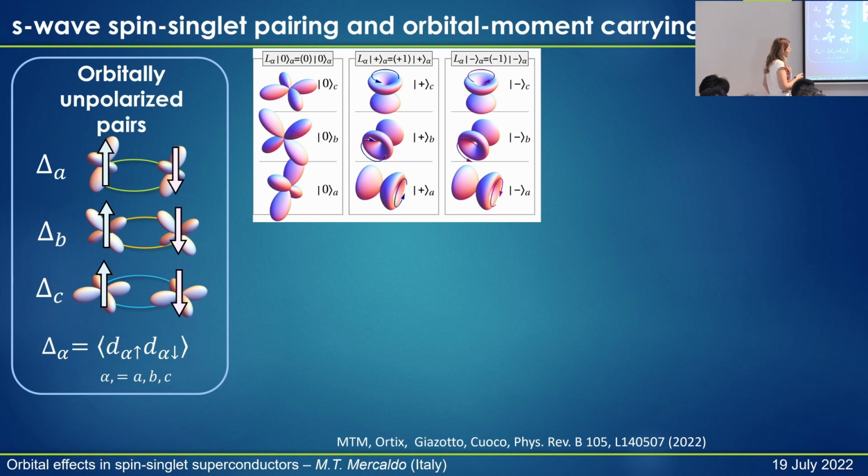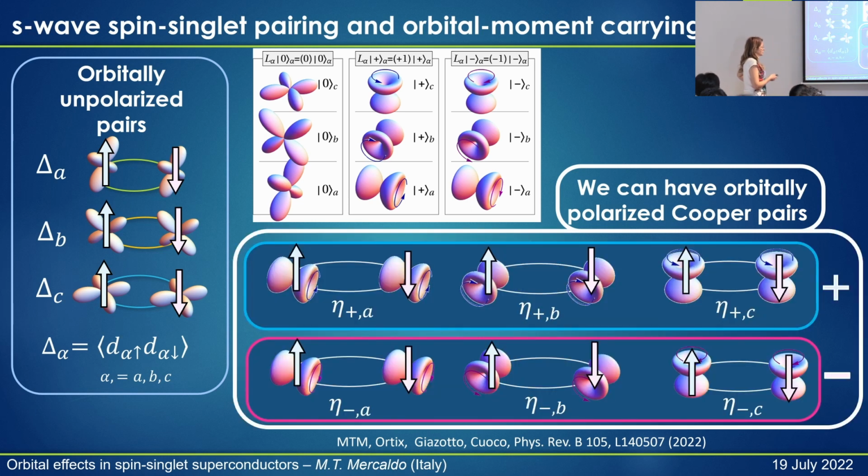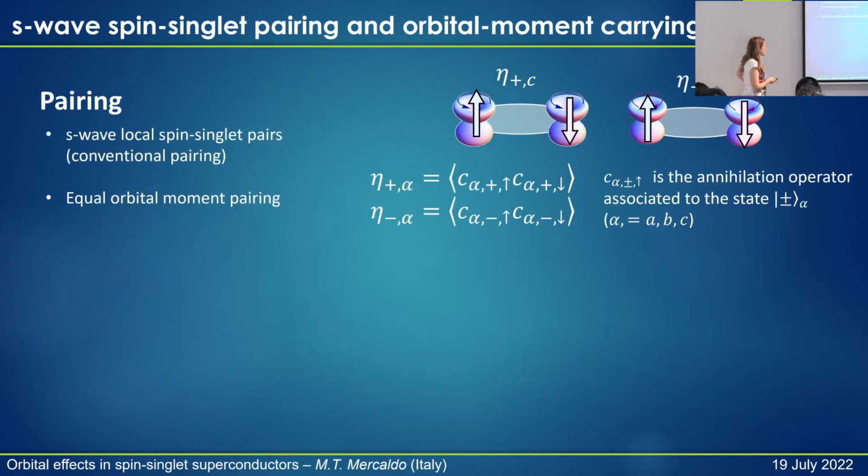But since we have seen that we can now form a superposition of these wave functions, we actually have access to electrons which have non-zero orbital angular momentum. Actually, we can construct orbitally polarized Cooper pairs. So this is just a sketch. We can use electrons that have this characteristic to form this kind of orbitally polarized Cooper pairs.